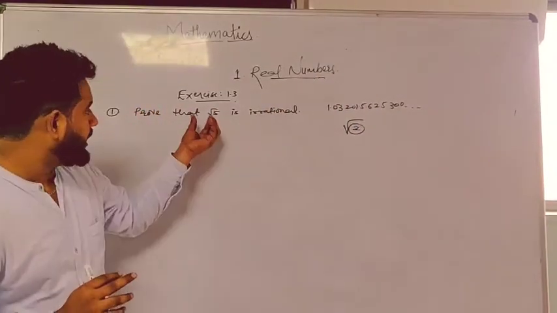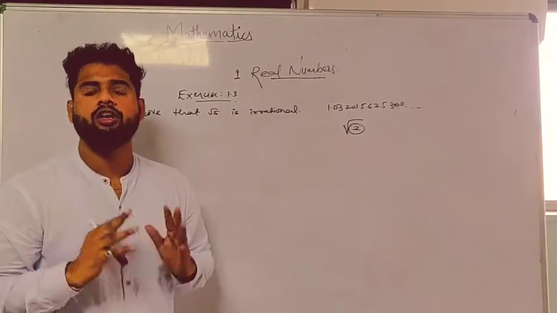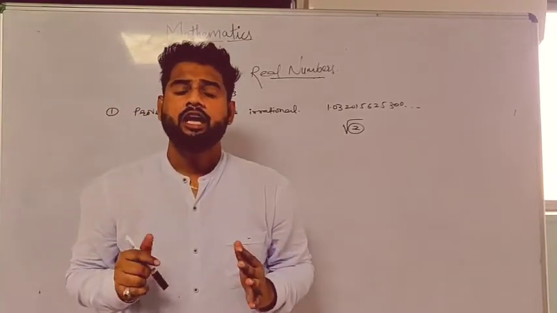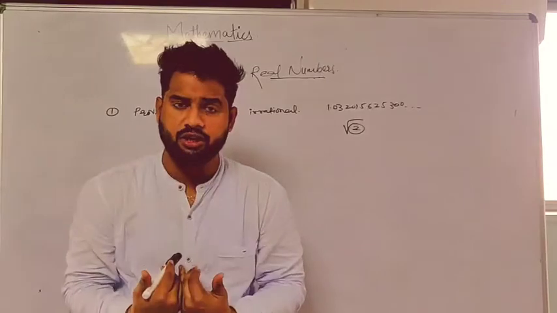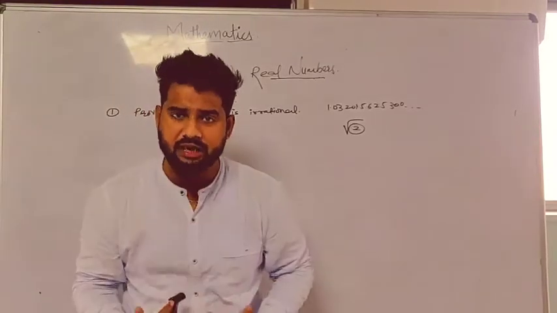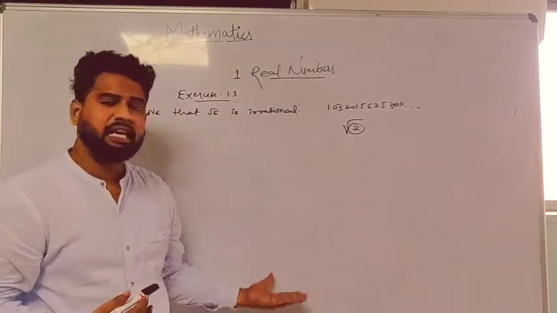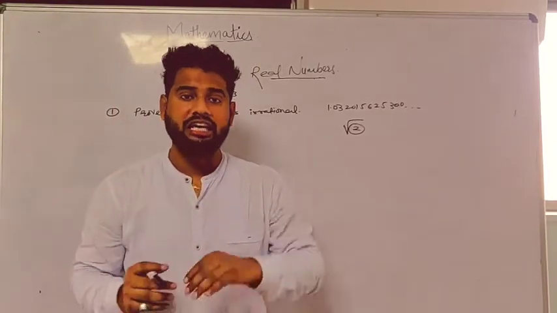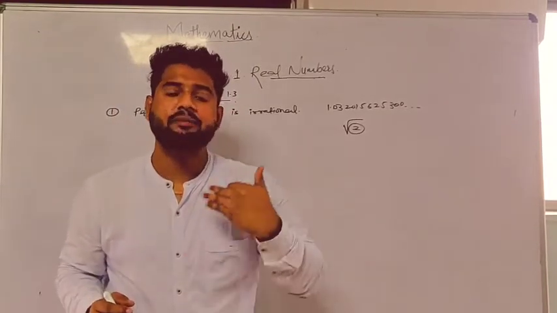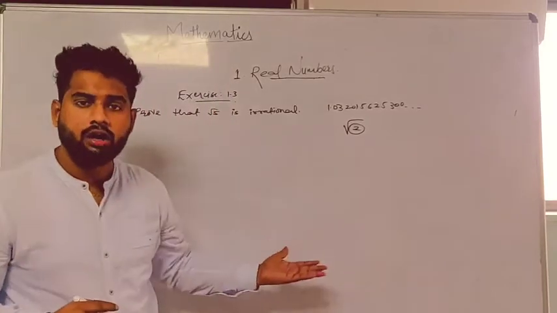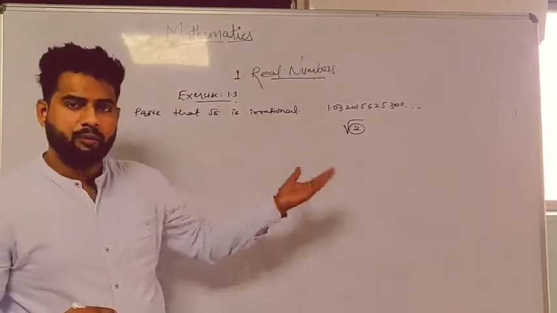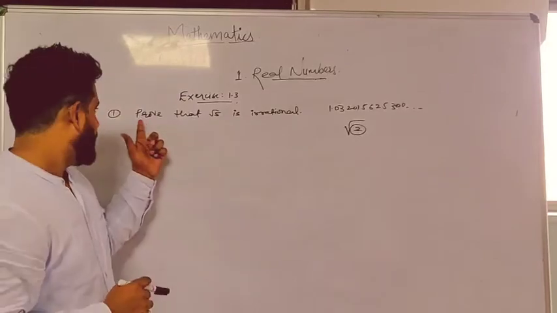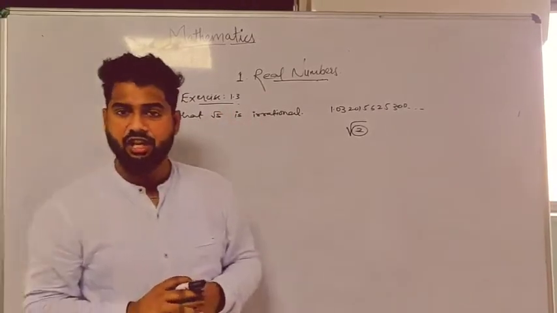In order to prove that root 5 is irrational, what you have to do? You have to take a false assumption, and by following a certain procedure, you will eventually know that whatever you have assumed is wrong. Whatever we assume, it will come out wrong.